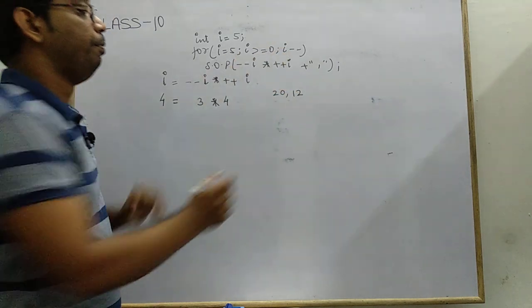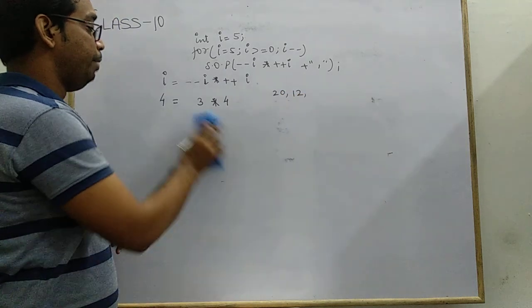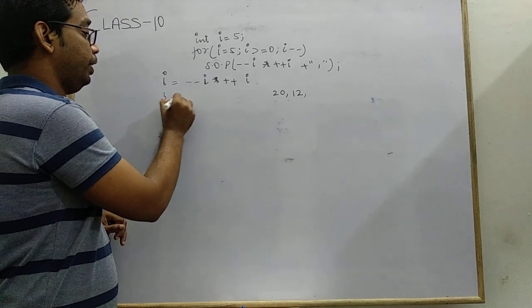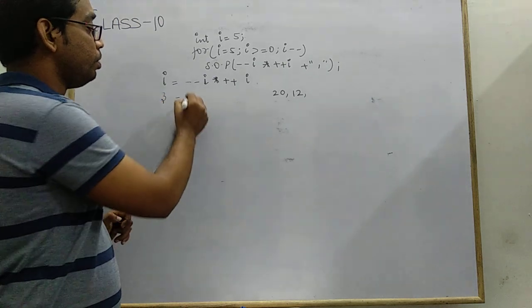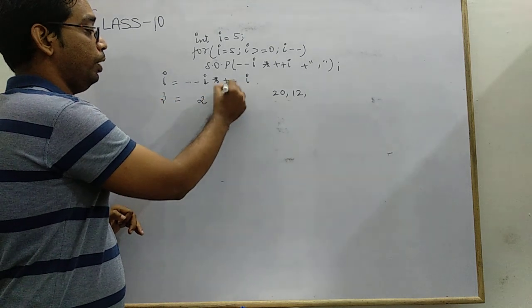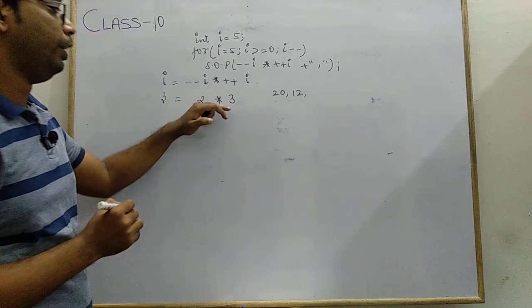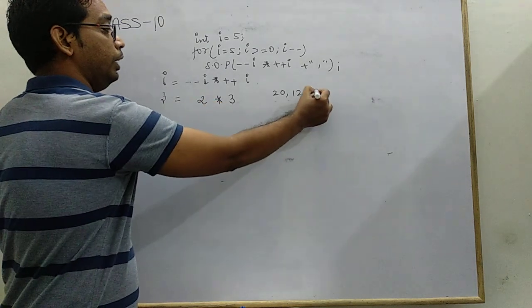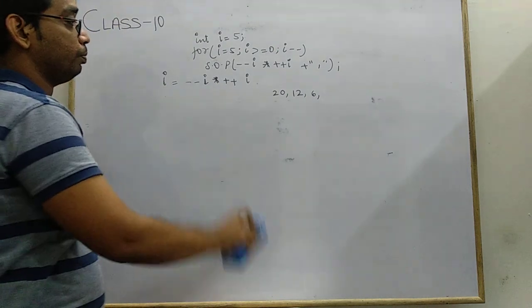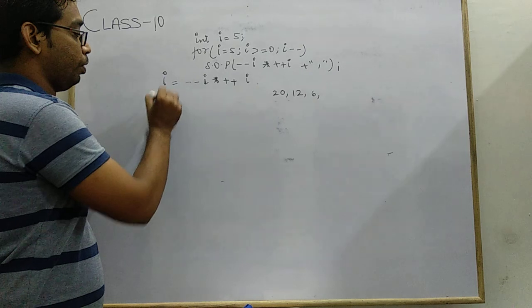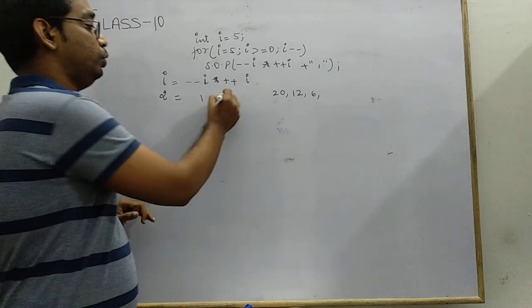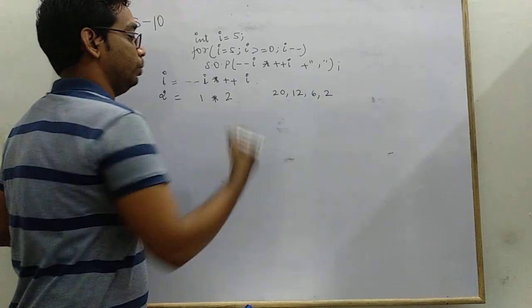Again i--, this 4 becomes 3, --i gives 2 into ++i, 3, so 2 into 3 gives 6. Now i-- gives 2. So 1 into 2, the output is 2.